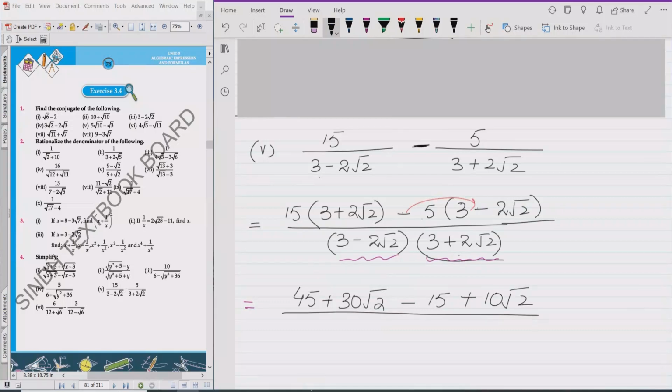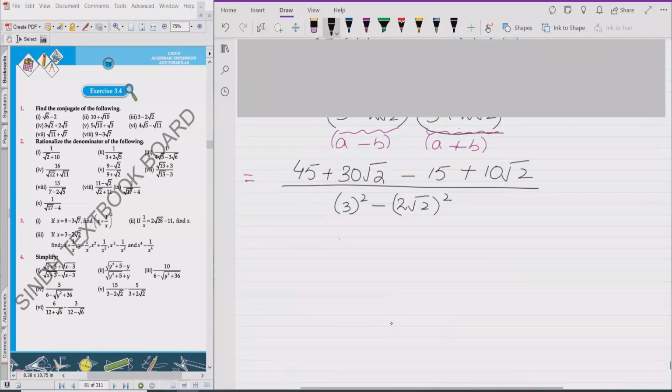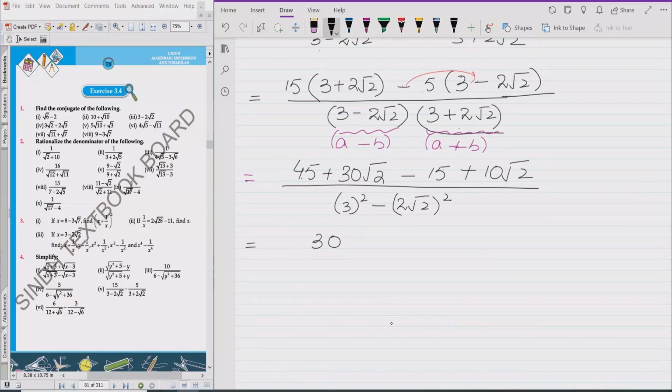And in the denominator, we have the formula a minus b multiplied by a plus b, right? So we will get here 3 squared minus 2 root 2 whole square. And now we will simplify: 45 minus 15 is 30, and 30 root 2 plus 10 root 2 is 40 root 2.